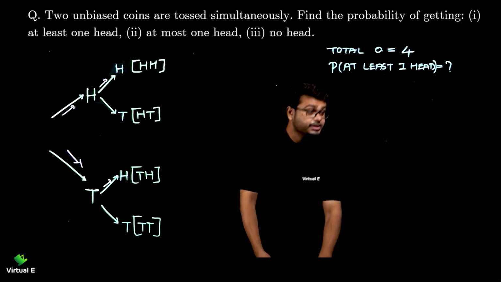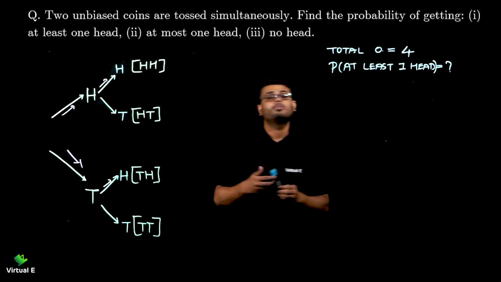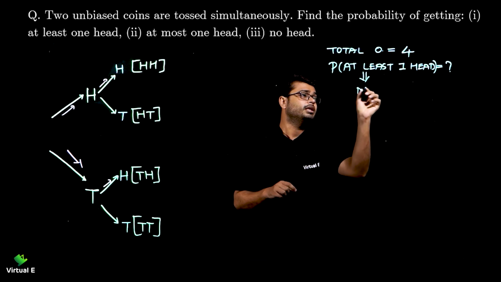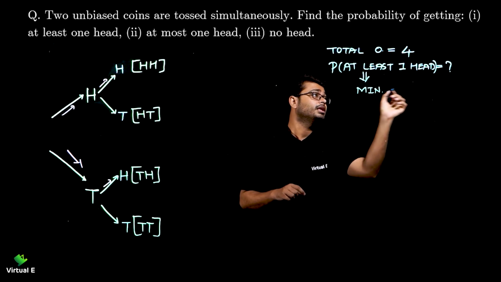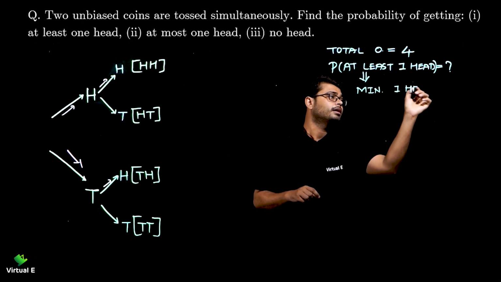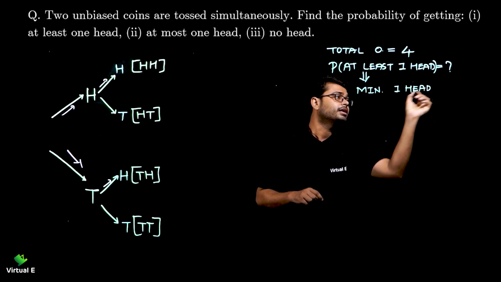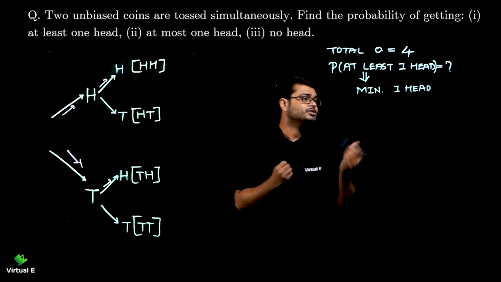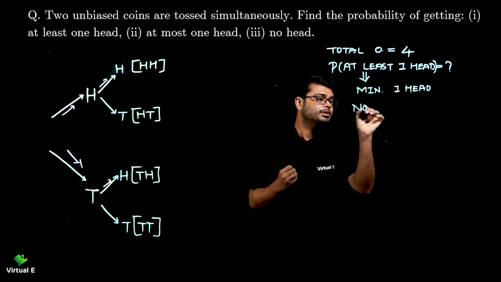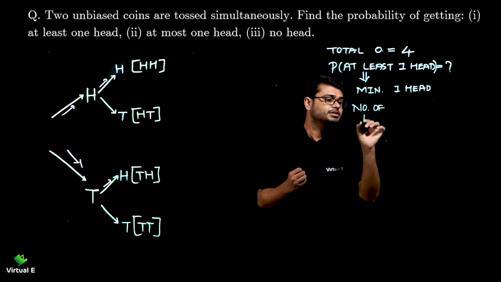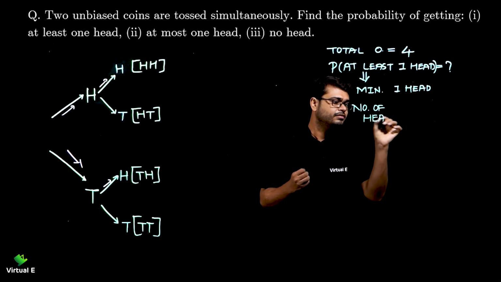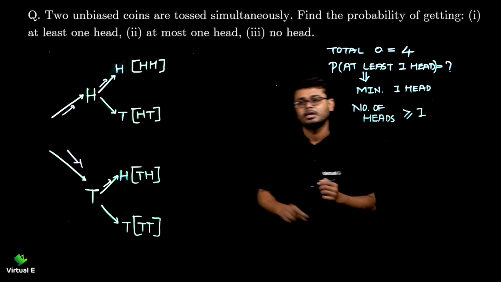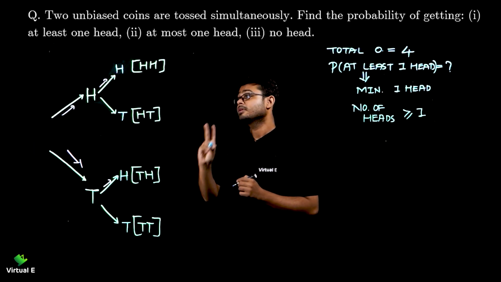Now let's understand what this at least one head means. At least means minimum one head. Minimum one head means 2 heads are also possible, right? So we can even write it like that: the number of heads should be greater than or equal to 1. 1 also works, 2 also works, right?